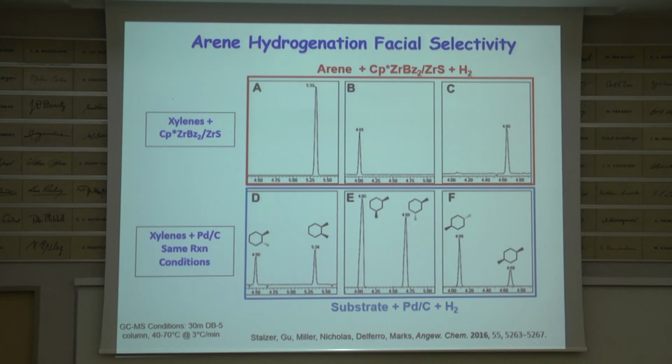Xylenes: meta, ortho, and para. And she said, something must be wrong with the GC. I only see one peak. And then she did palladium on charcoal, and then you don't see one peak. So the conclusion here is that you're making unusual cyclohexanes.